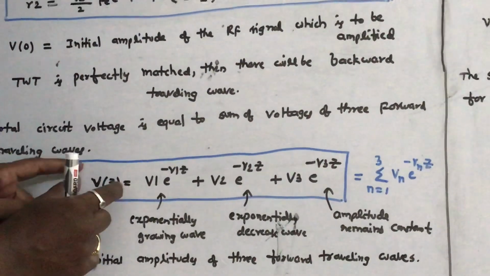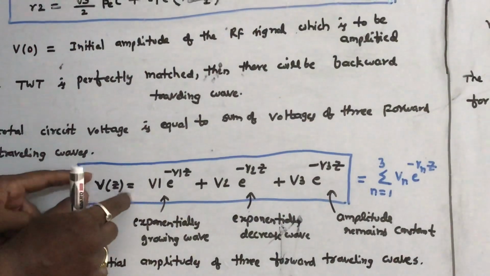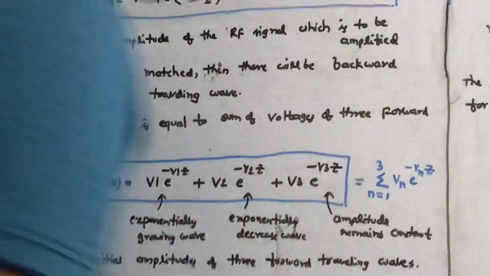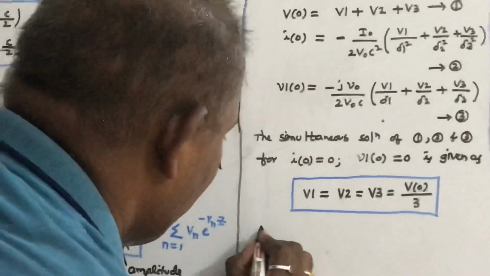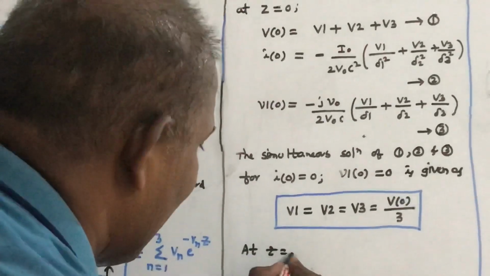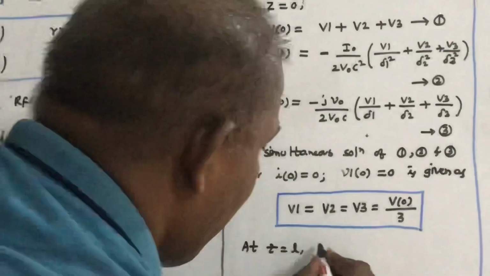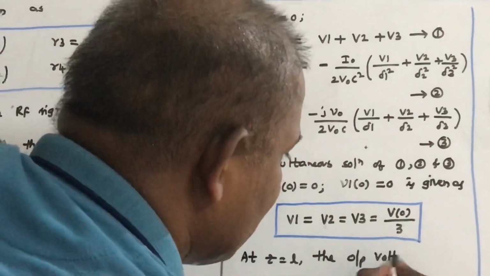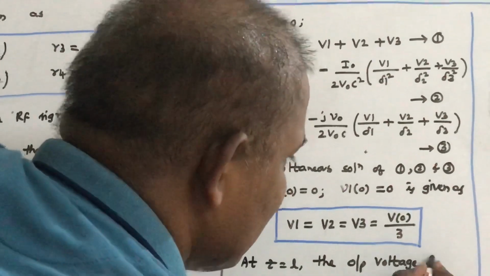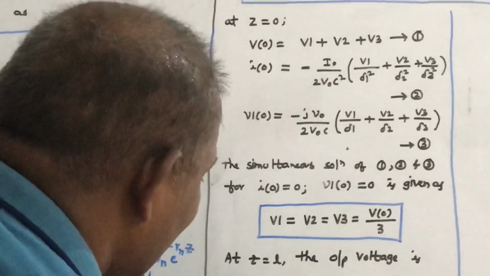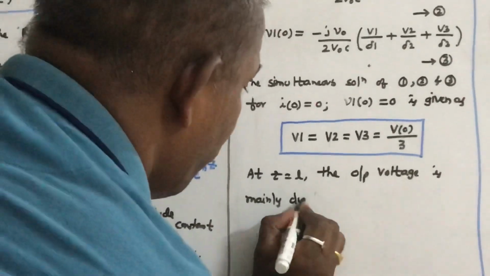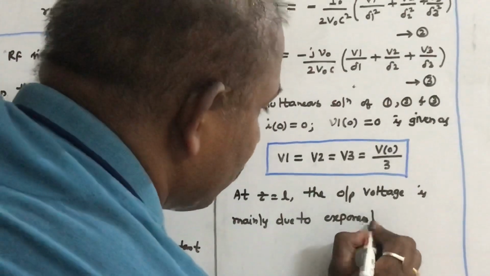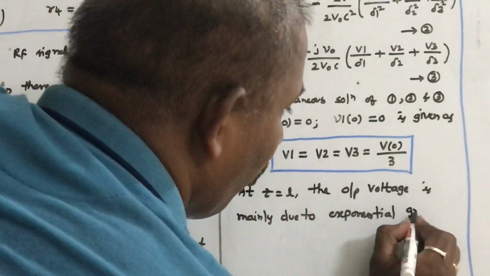The output voltage at z is equal to L is mainly because of this growing wave. So that condition we write here: at z is equal to L, the output voltage is mainly due to the exponentially growing wave.